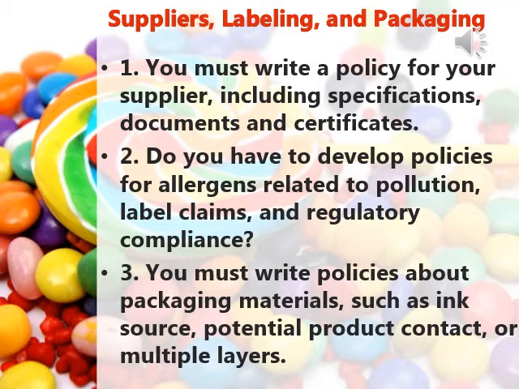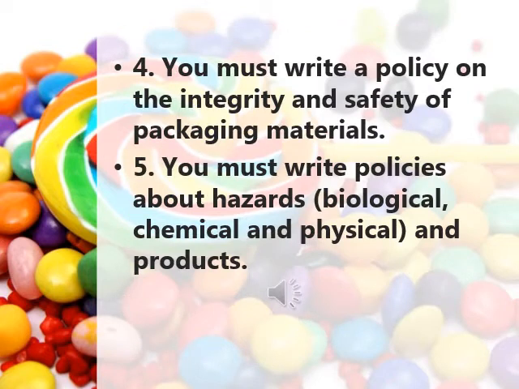You must write policies about packaging materials, such as ink source, potential product contact, or multiple layers. 4. You must write a policy on the integrity and safety of packaging materials. 5. You must write policies about hazards, biological, chemical, and physical, and products.